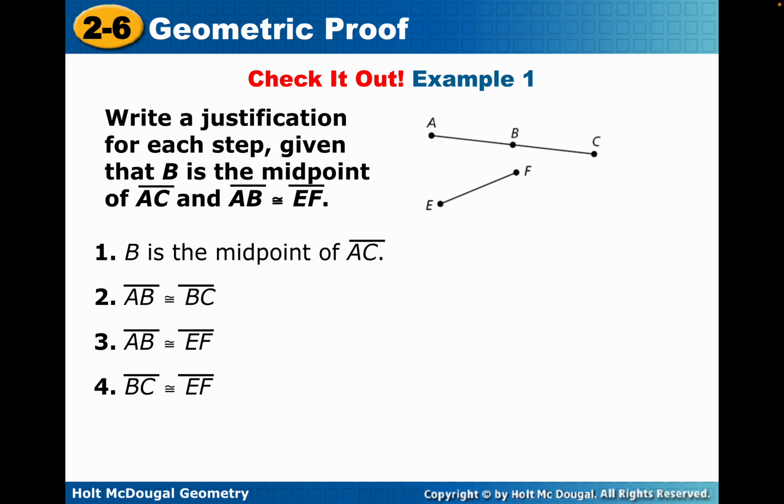If you notice this one, it's separated the givens, so pay attention to that. Go ahead and write down all these statements, and we're going to solve for the reasons.